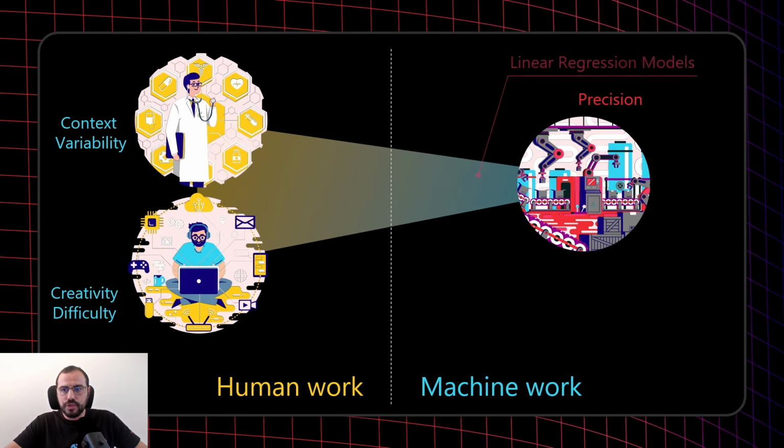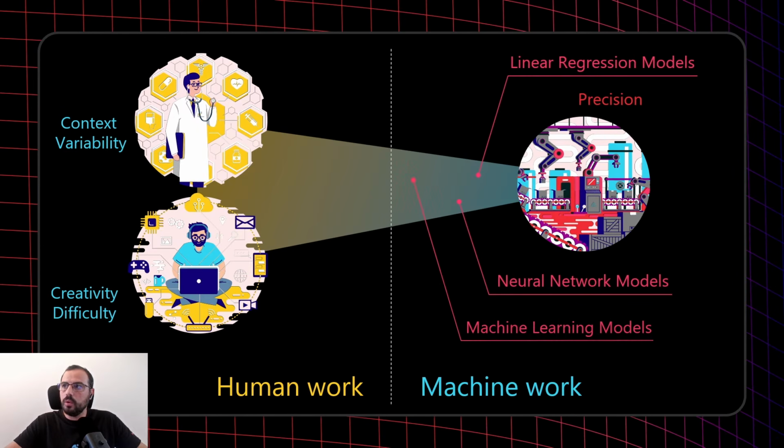But then with the evolution of AI, we start having more and more models and more complex algorithms that could approach and could give some creativity capabilities and some adaptation capabilities. And then large language models appeared.